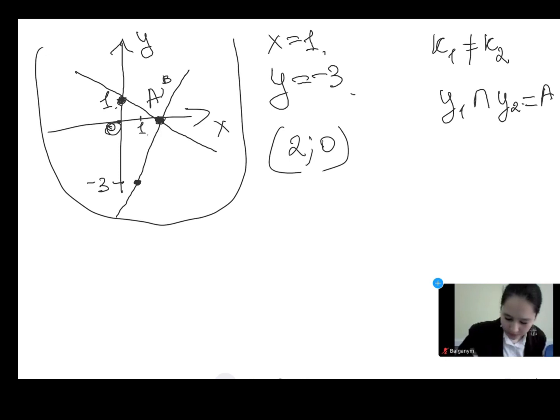So I will write like A. A is x and y. So it's the end of the second part.